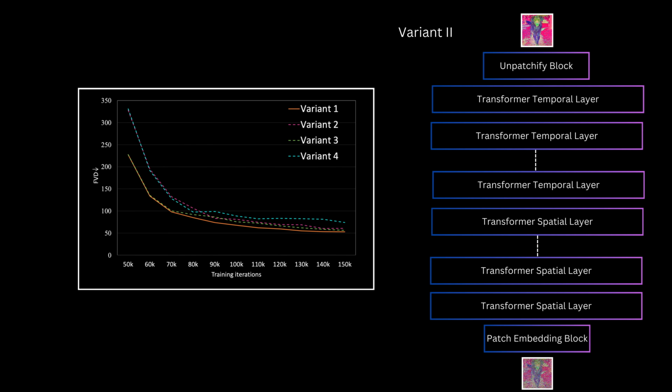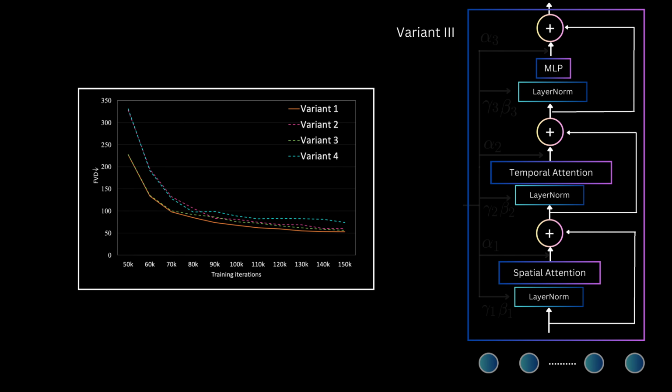The next best is variant 2, which was sequence of spatial layers followed by temporal layers. The authors believe that this division causes loss of spatial information and spatial capabilities during the temporal layers, which degrades the overall performance. The second best is variant 3, where we factorized self-attention within each block across spatial and temporal dimension.